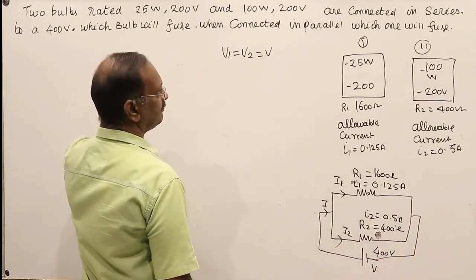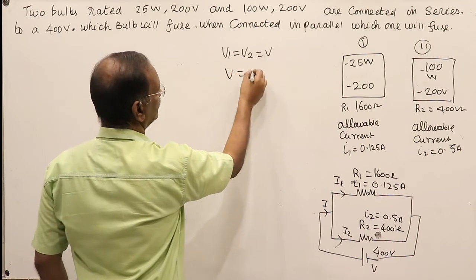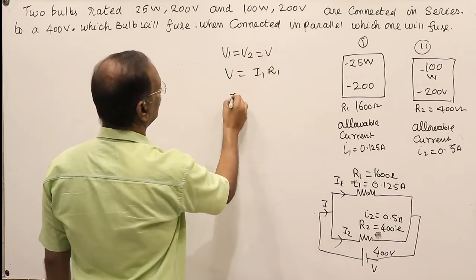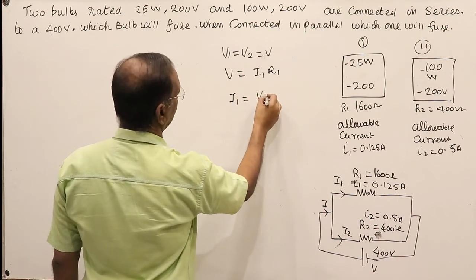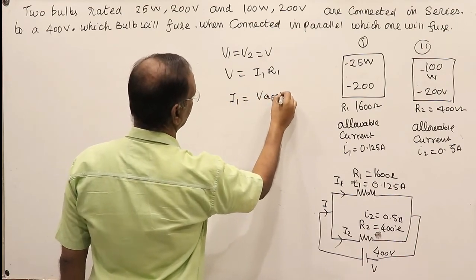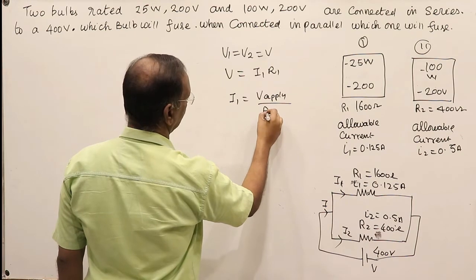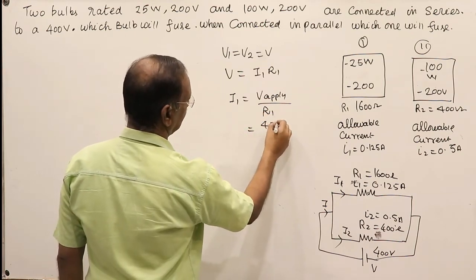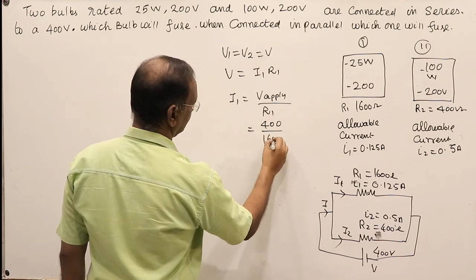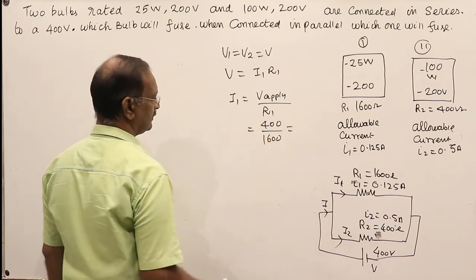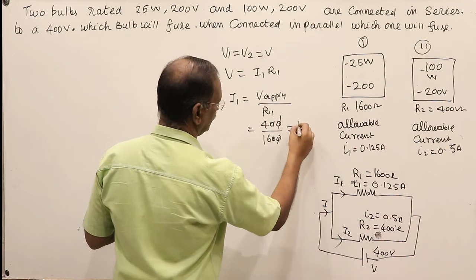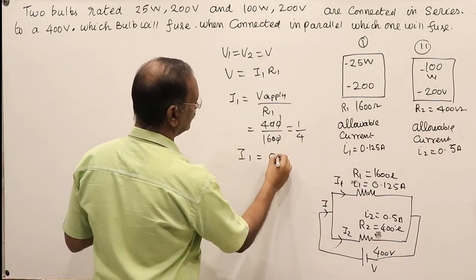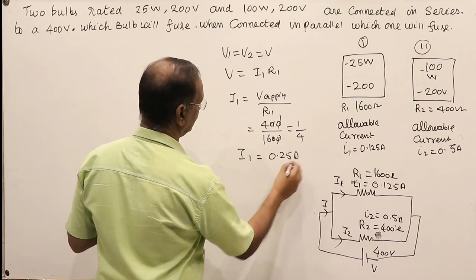So I1 is equal to V applied by R1, that is 400 by 1600, which is 1 by 4. Therefore, I1 is equal to 0.25 ampere.